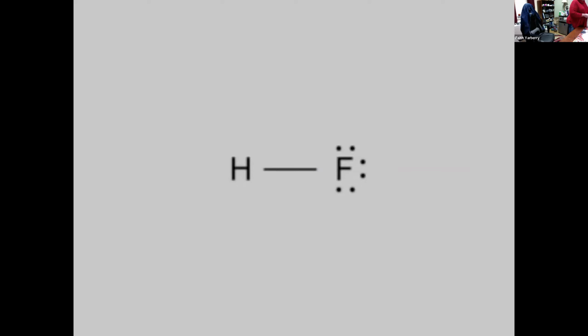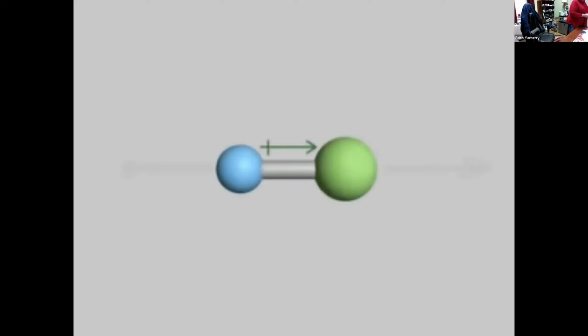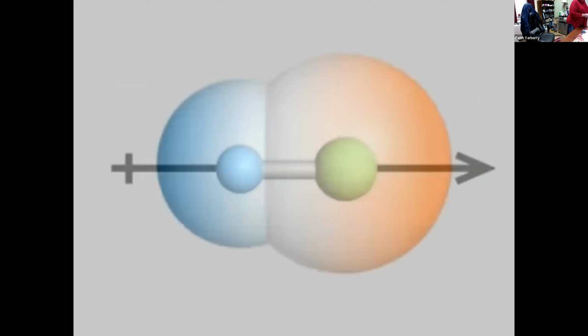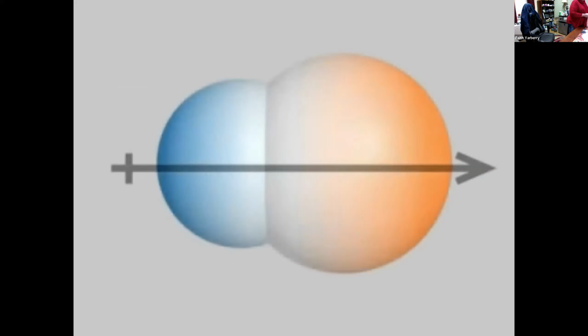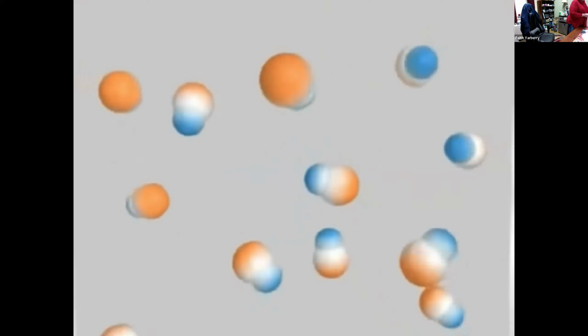Consider hydrogen fluoride, shown here as the Lewis structure changes to a ball and stick model enclosed within the space-filling shape. Note the polar arrows and the colors. If red indicates high electron density and blue indicates low, you can see that the F end of the molecule is much more negative than the H end, and thus HF is highly polar.